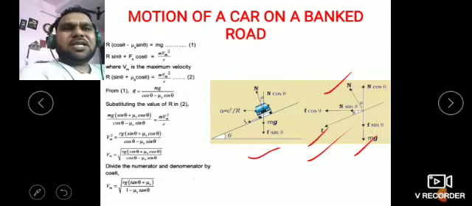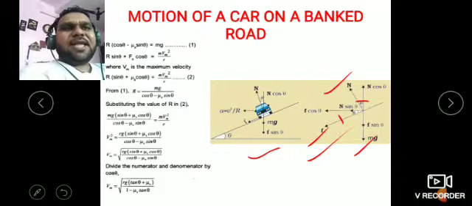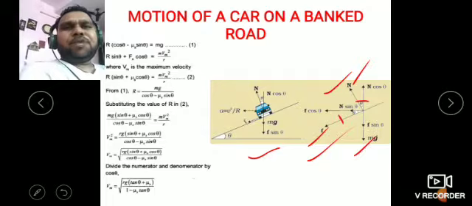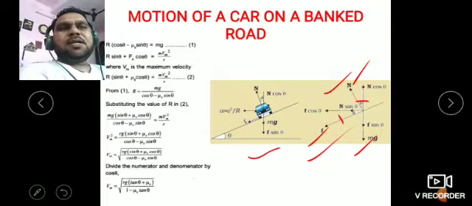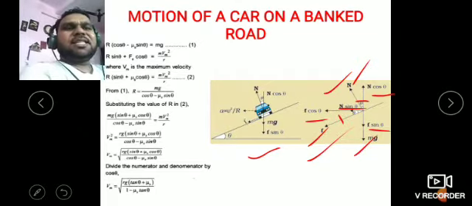Theta is the banking angle, so this angle will be theta and this angle will be theta. This can be simply understood by using geometry. We will resolve f and N into two components, horizontal and vertical. N will be resolved into N cos theta and N sin theta, and f will be resolved into f cos theta and f sin theta.